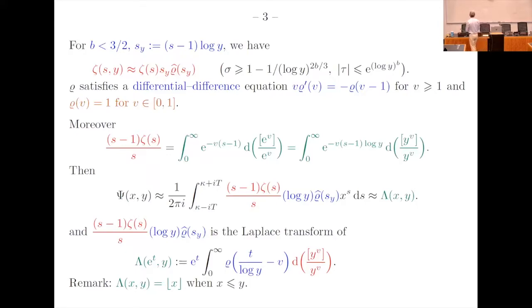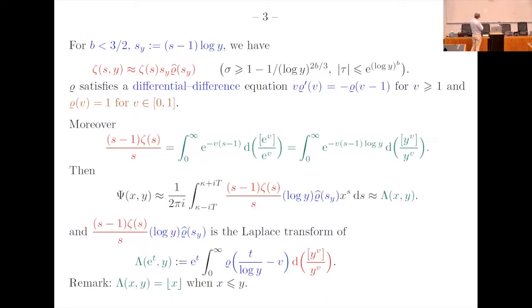And so psi of xy is well approximated by this integral. So you see that this is a product of two Laplace transforms times x power s.